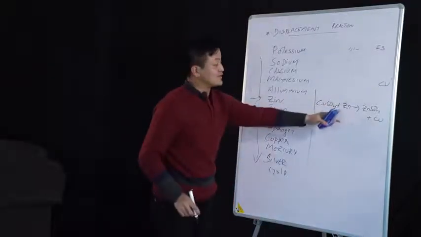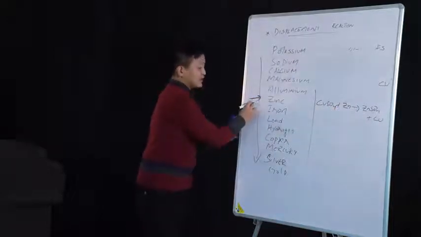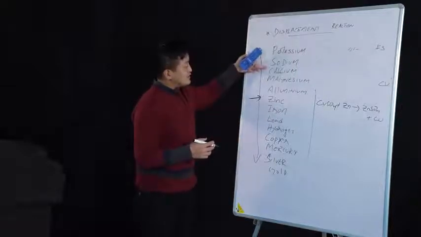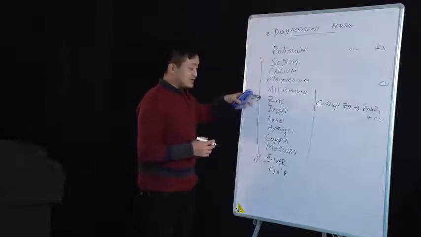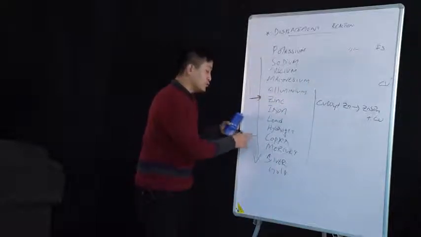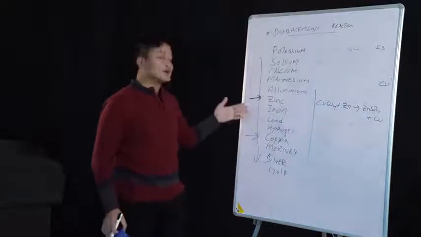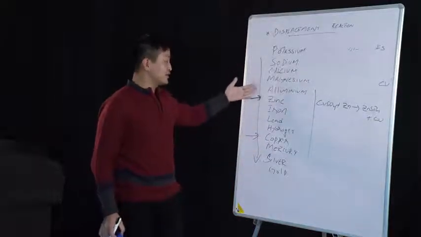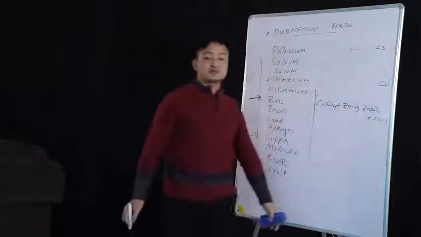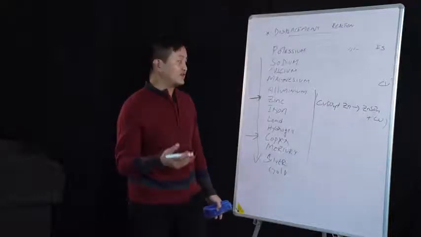That's why zinc was able to displace copper. If we look at this reactivity series, zinc is in the 6th position, whereas if we go down, copper is much lower than zinc. So it is very clear that zinc is more reactive than copper. This is how a displacement reaction works. The highly reactive element displaces the less reactive element.